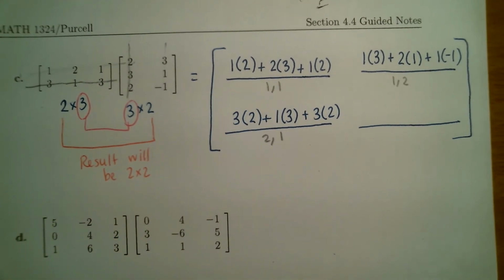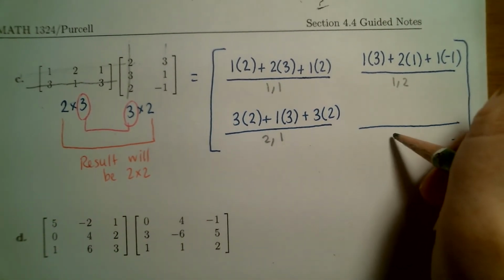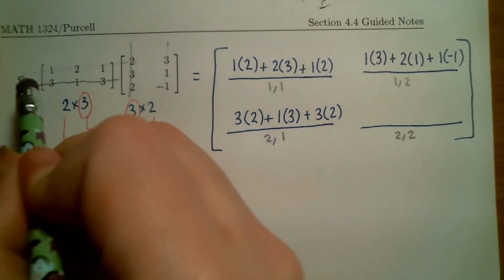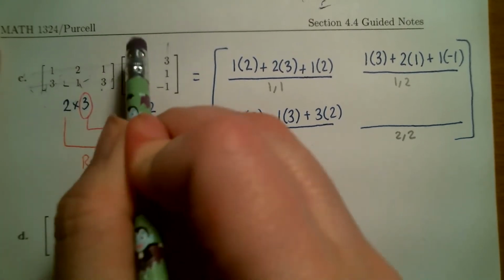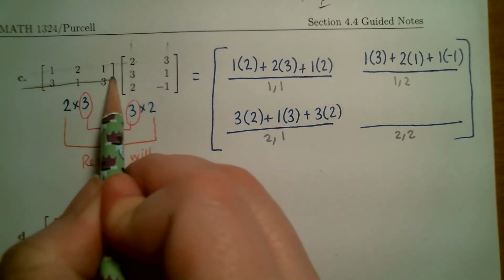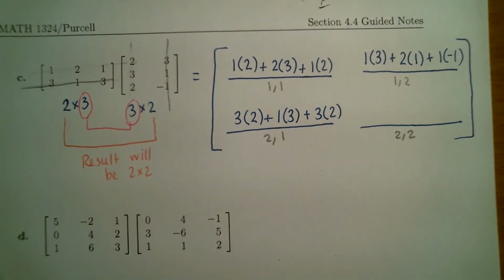All right. Last position that we need to fill in. This is going to be the second row, second column. So you're going to do your dot product. Go back to your original matrices and do the second row, second column.